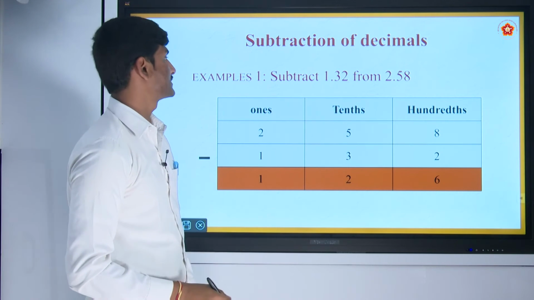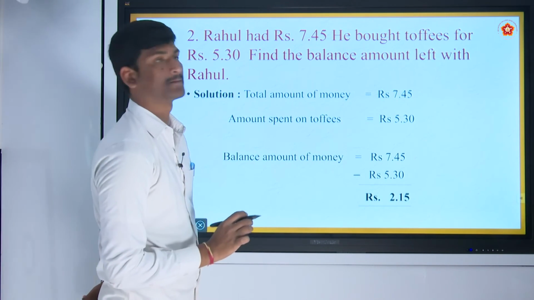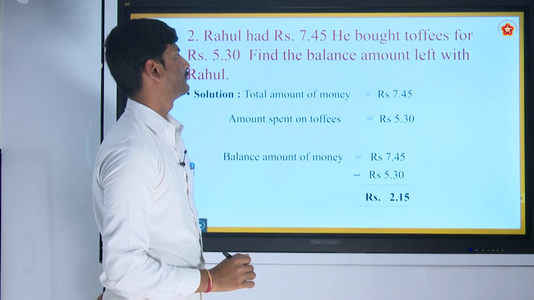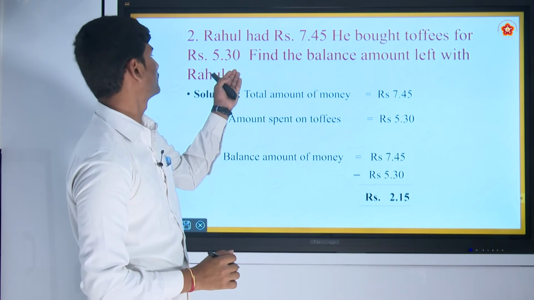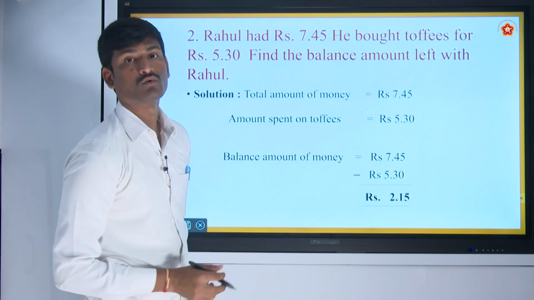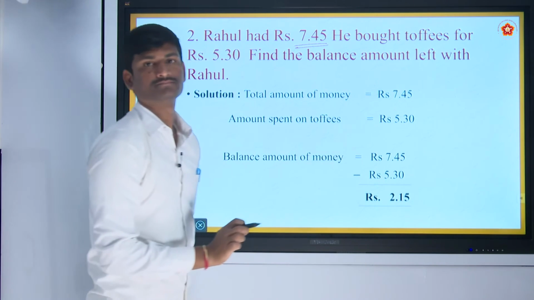I take another example. Rahul had rupees 7.45. He bought toffees for rupees 5.30. Find the balance amount left with Rahul. Rahul had 7.45 rupees.